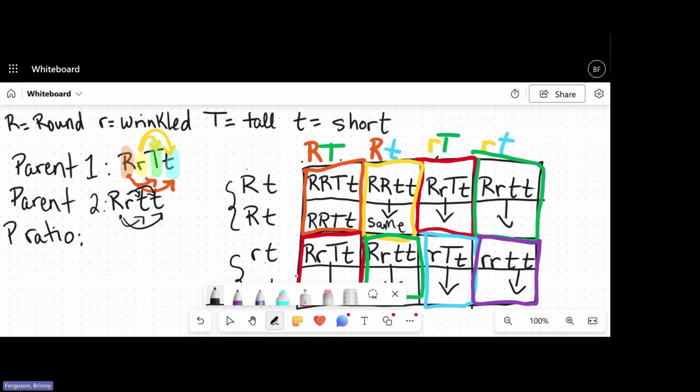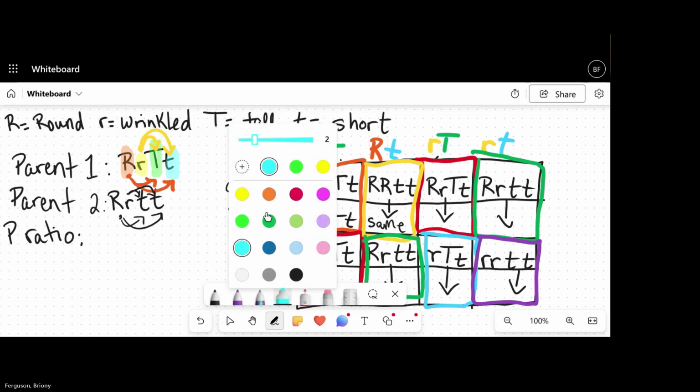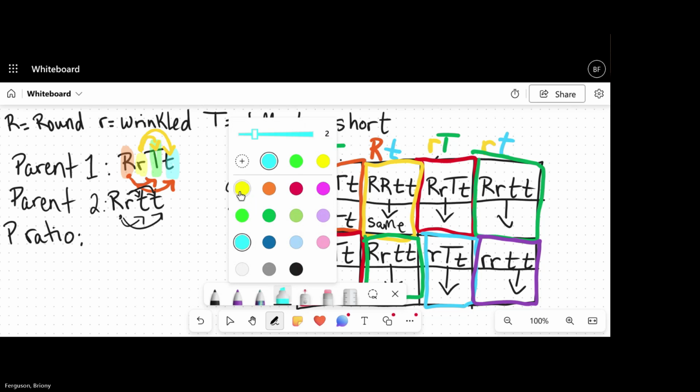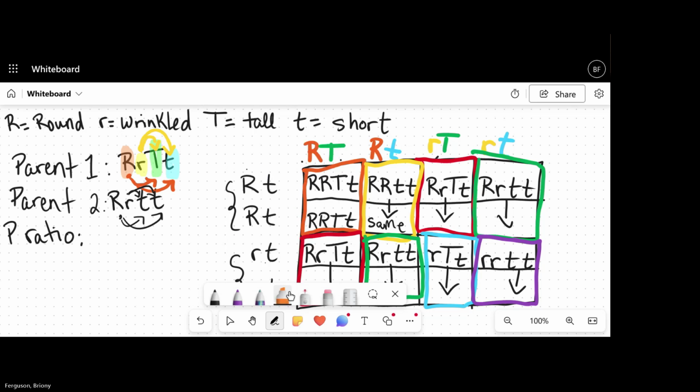So as you can see, we've got our genotypes kind of separated here. And we've got this kind of homozygous dominant and then heterozygous.